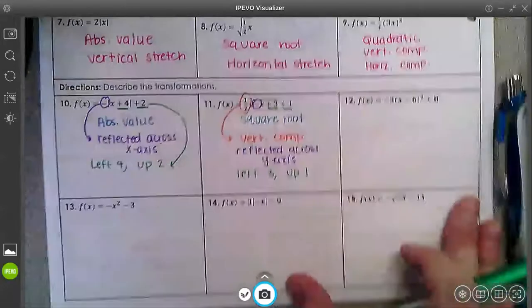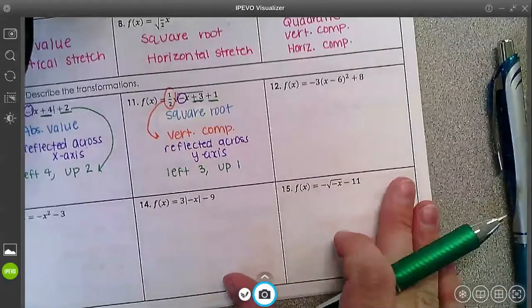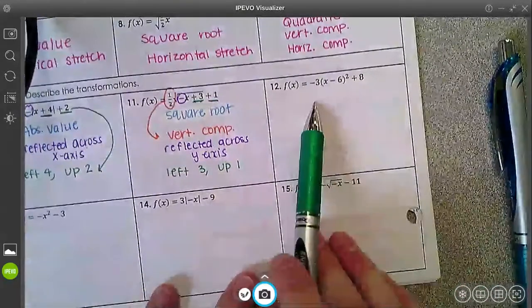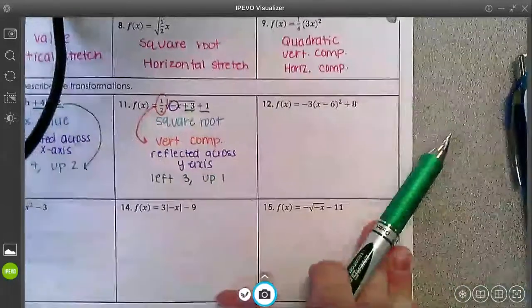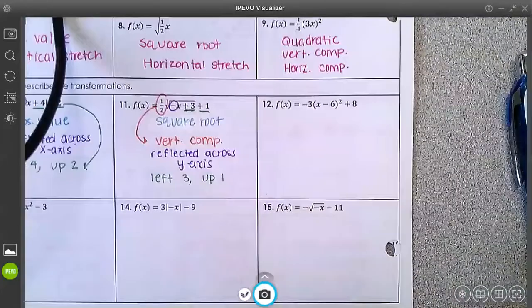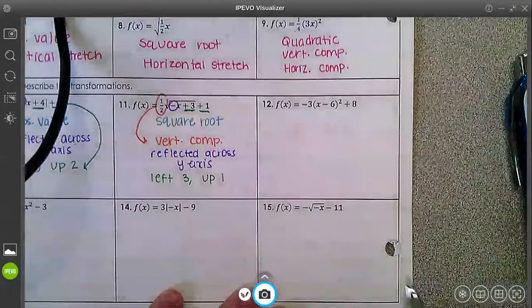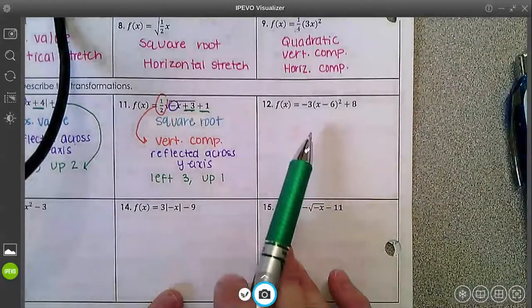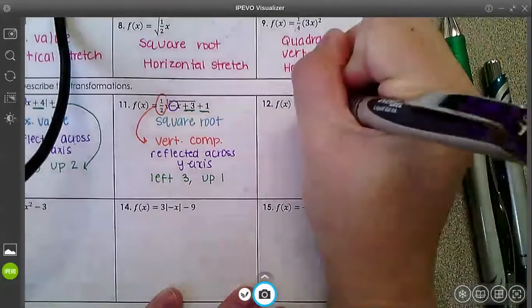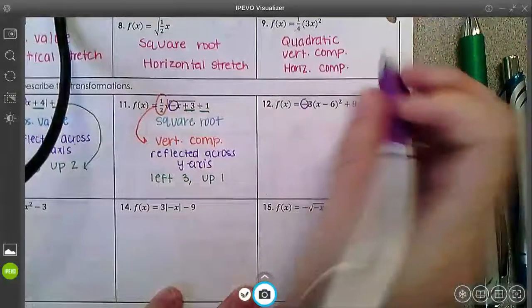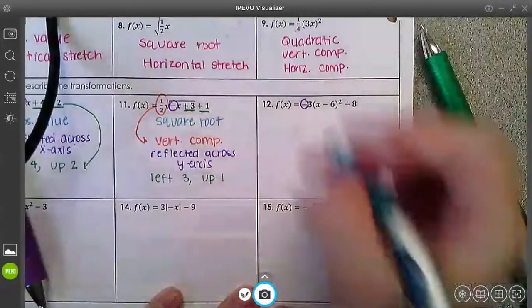I'm going to do one more together, and then I'm going to let you work on the last 3 by yourself. All right. So outside, I have a negative. This one is a quadratic.